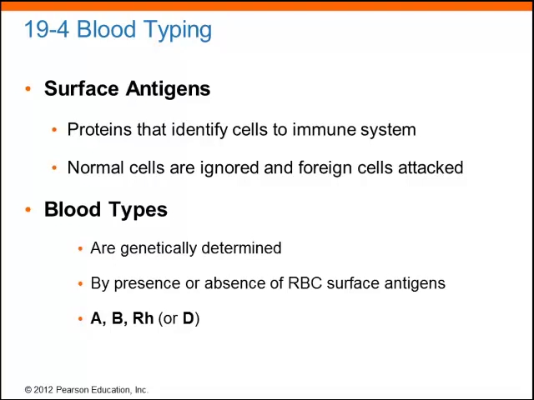They're found on many different cells in the body, but red blood cells is where we worry about them because it's a transfusion reaction that we're usually trying to avoid, and that's why they're called blood types. They are genetically determined, and there are 2 basic groups that we look at. We look at the AB group, and we look at the RH group.